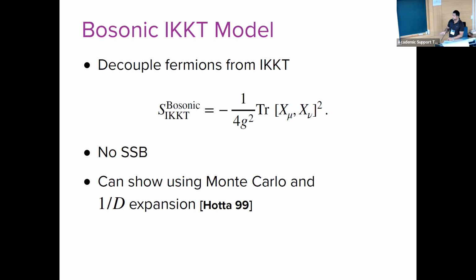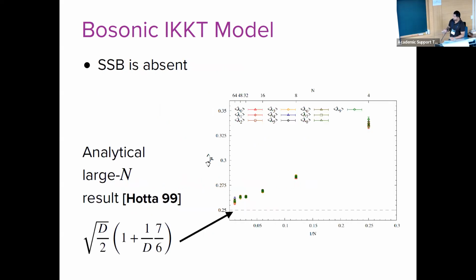Analytically, one can show using the 1/d expansion and Monte Carlo that there is no SSB. So we asked, can we reproduce this in our simulations? This is our simulation result. We see that spontaneous symmetry breaking is absent. These are the 10 lambdas, and this is the analytical result coming from the 1/d computation. It is close to 0.25.